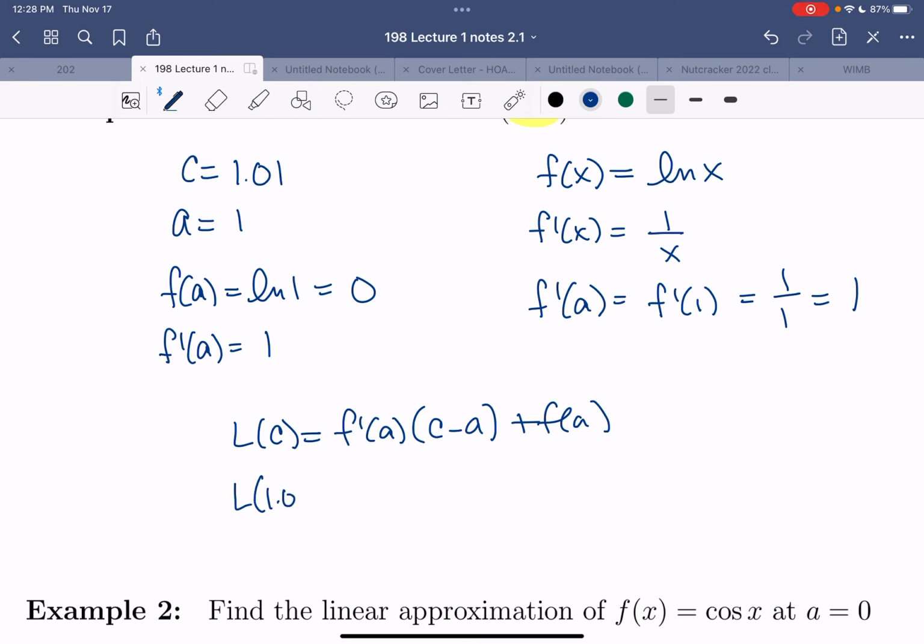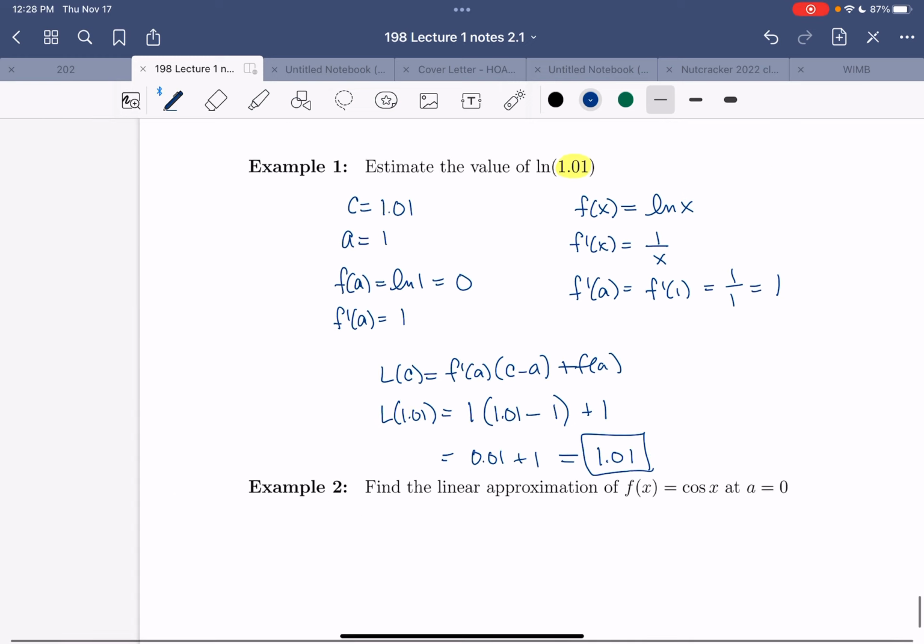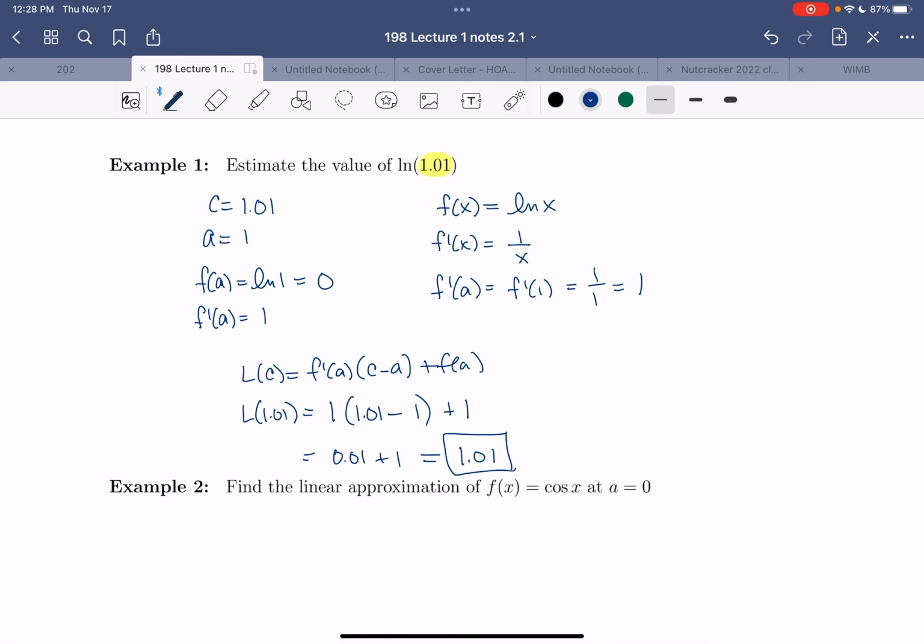So L of 1.01 is the derivative at a, which I have as 1, times your c value, which is 1.01, minus your a value, which is 1, plus your f of a, which is also 1. If you do all of that, 1.01 minus 1 is 0.01, times 1 is 0.01, added to 1 gives us 1.01. So actually it's the same exact number.